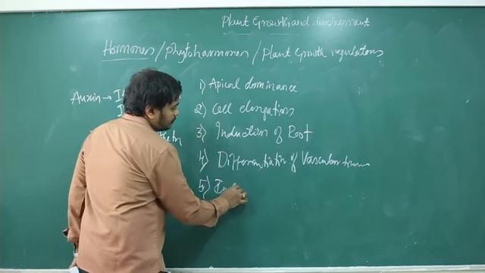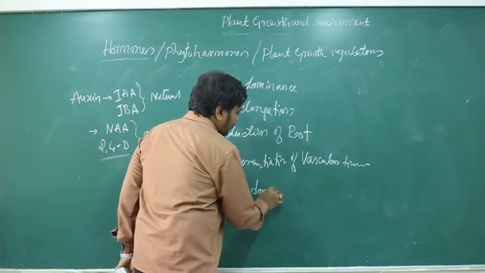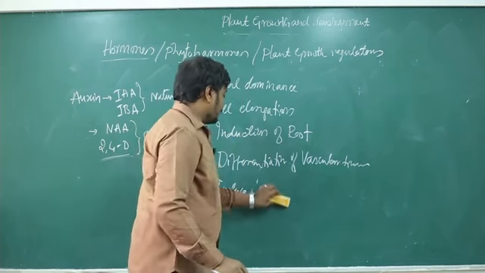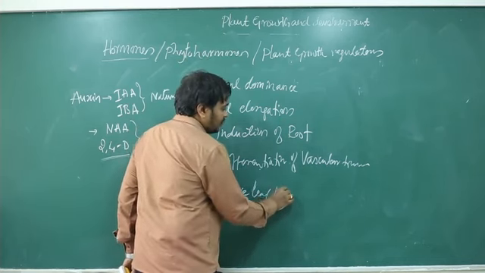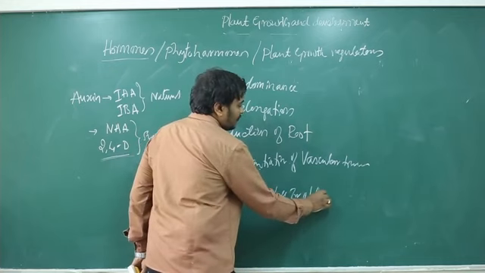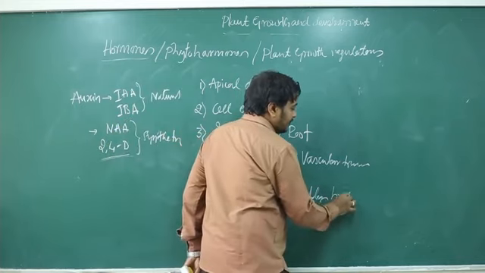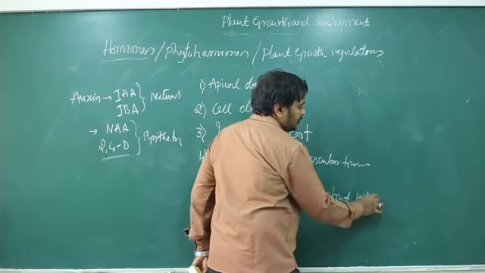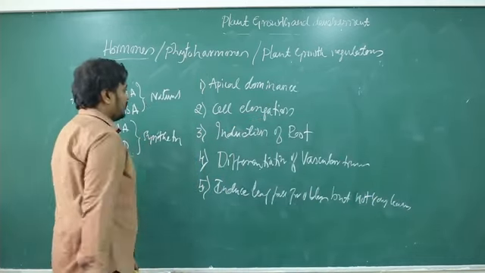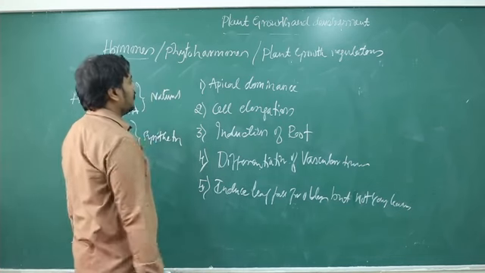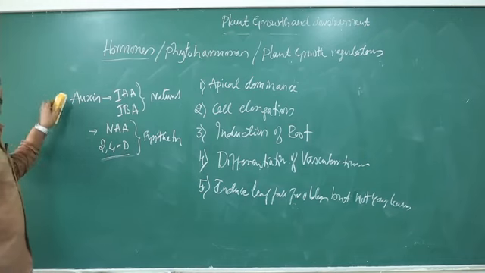Then it induces leaf fall. Sorry, not dormancy. Induces leaf fall for older leaves. Okay, it helps older leaves to fall, but not young leaves. Auxin makes sure young leaves are retained. Okay, then of course apical dominance, cell elongation, induction of root, differentiation. Yeah, so these are the physiological applications of auxin.